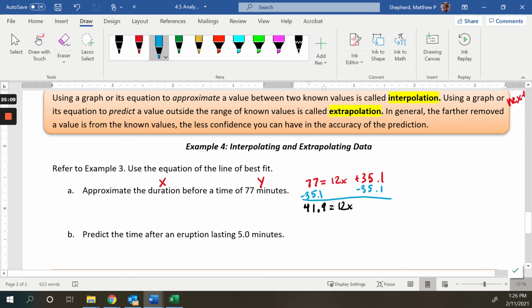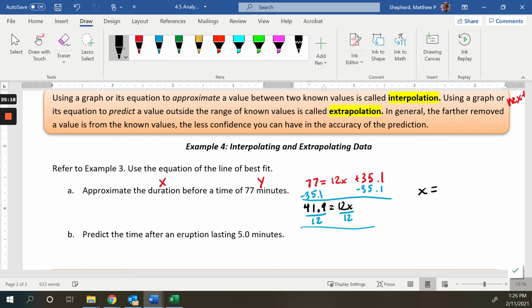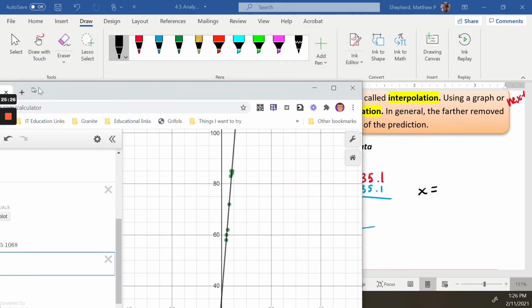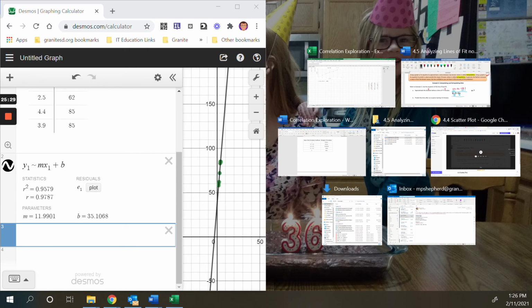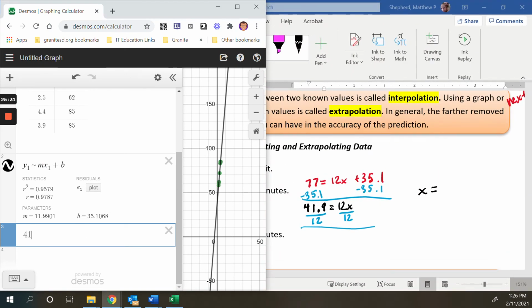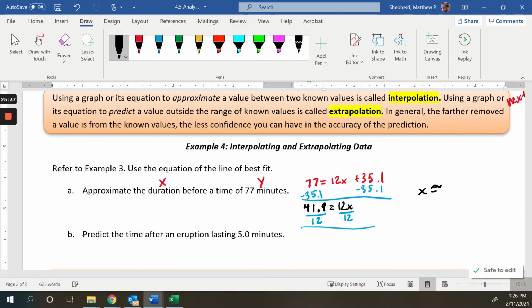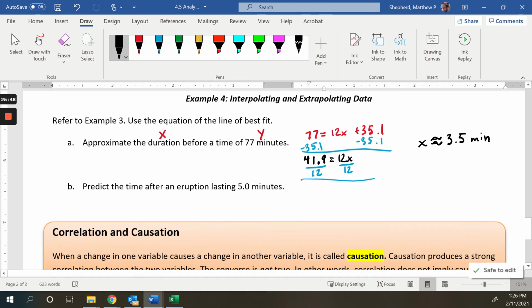All right, so to find x now, divide both sides by 12. And x will equal, let me go ahead and go back to Desmos. So 41.9 divided by 12 is about 3.5. So we predict the duration of the eruption had been about 3.5 minutes.